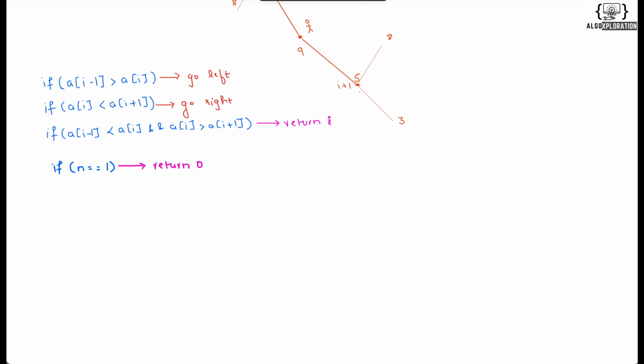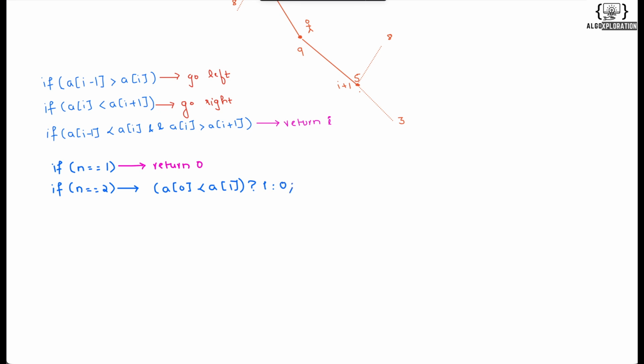If the length of an array is 2, then here we can have a ternary if: a of 0 is lesser than a of 1. That means the value present at a of 1 is greater, right? So return 1 or else 0.